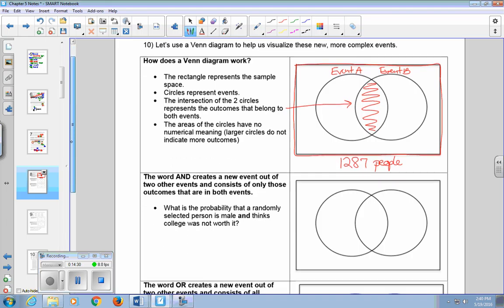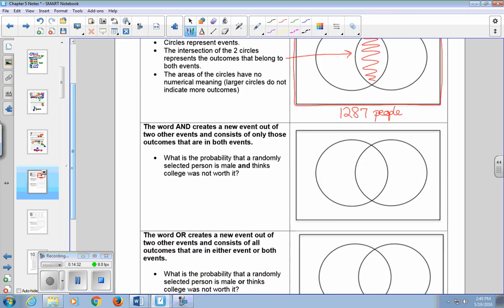Right, so as an example, the word and again creates a new event out of two other events and consists of only those outcomes that are in both events. So what is the probability that a randomly selected person is male and thinks college is not worth it? So here are two events. So we've got male, college wasn't worth it, so we'll just put not worth it.